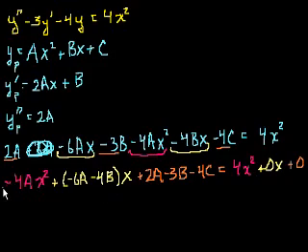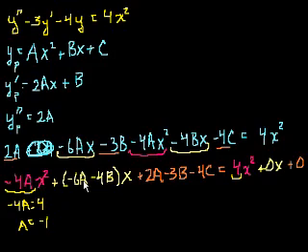So first, let's do the x squared term. Minus 4a should be equal to 4. And then that tells us that a is equal to minus 1.